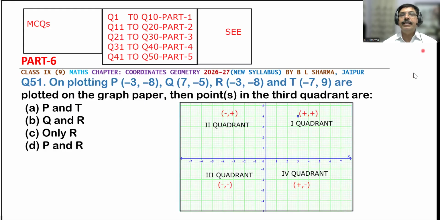So here, negative and negative, so point P will be there and R point is also there. Both are negative. Means P and R, both 2 points will be in the third quadrant. So P and R, that is D, is the correct option.